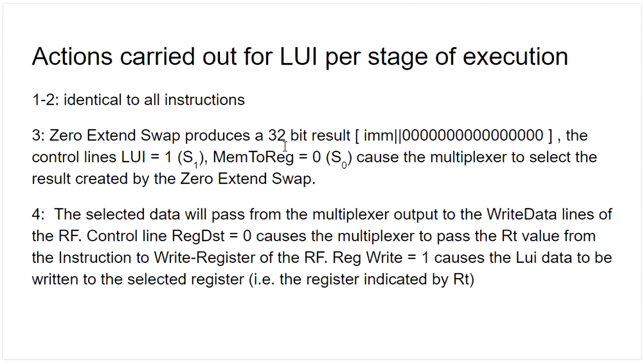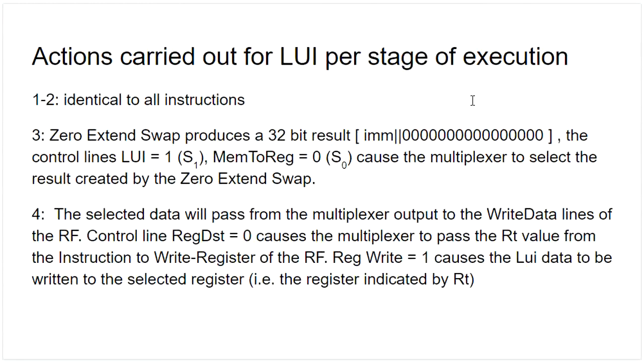And now the data has come, and we have to wait for that data to reach the register file. Now we're prepared to write it in the register file, which is going to take a little bit more time electrically. So that's why it's stage 4. The selected data that we chose from that multiplexer will pass from the multiplexer output to the write data lines of the register file, as I explained.